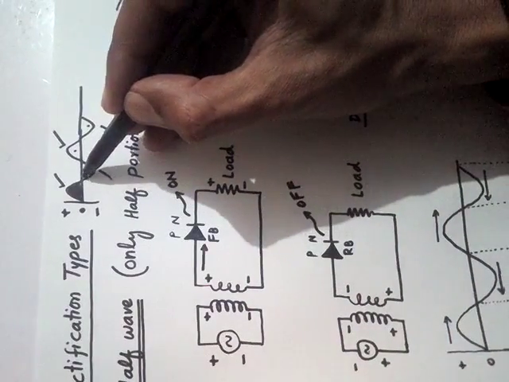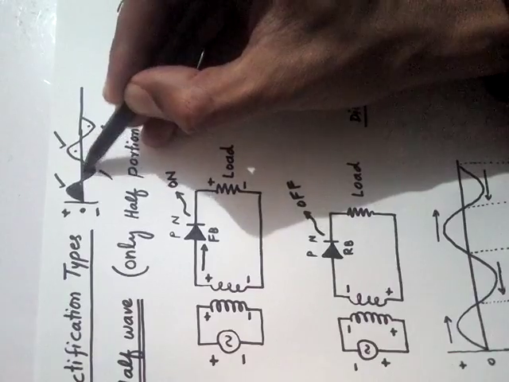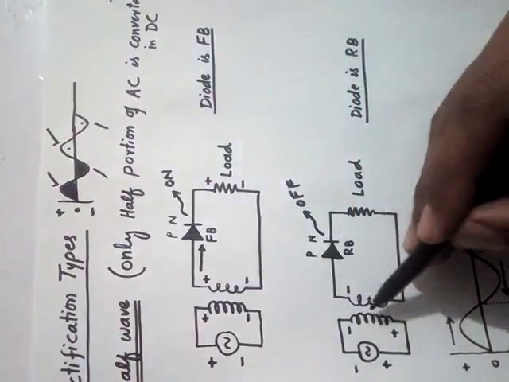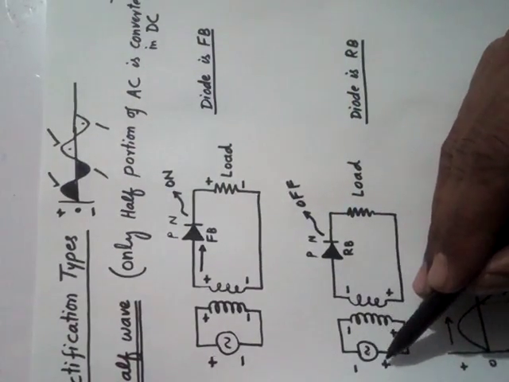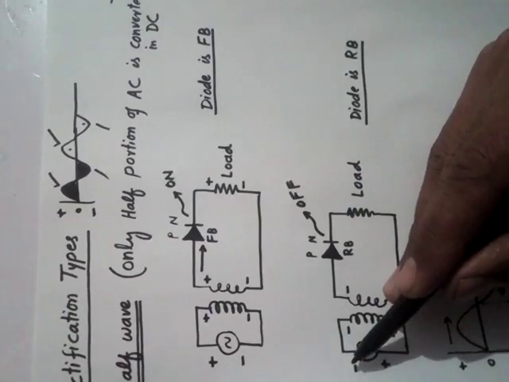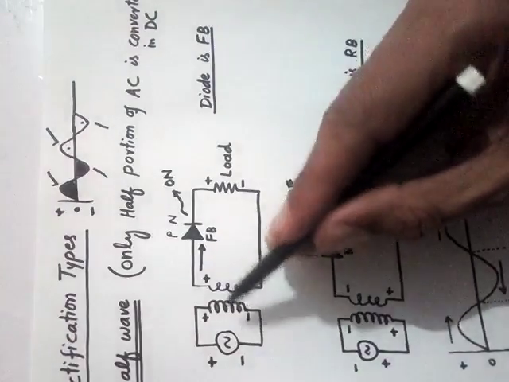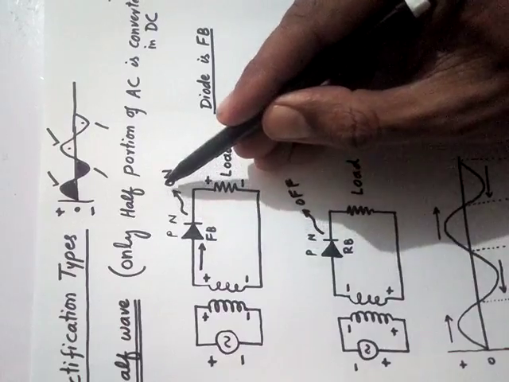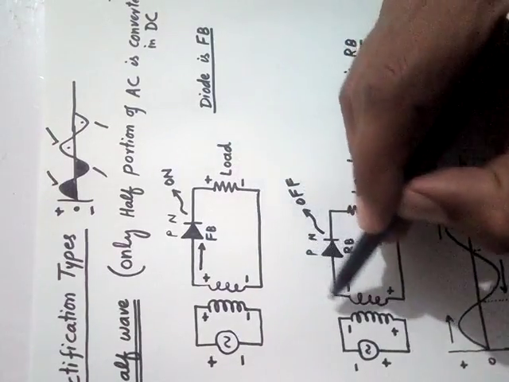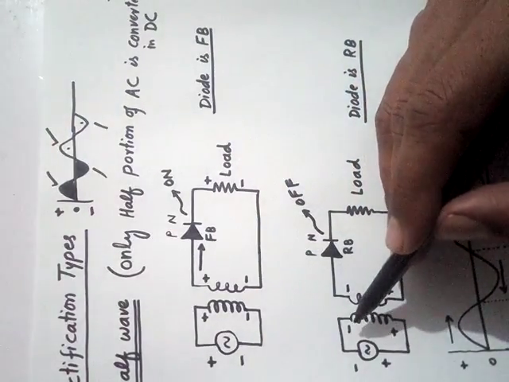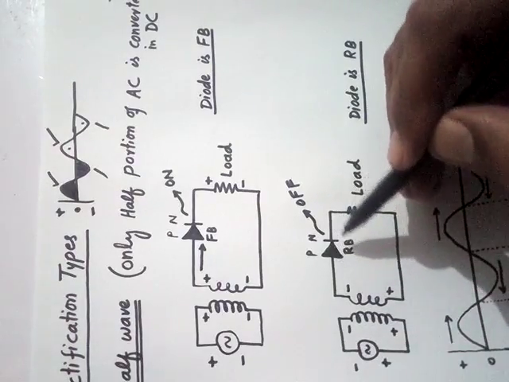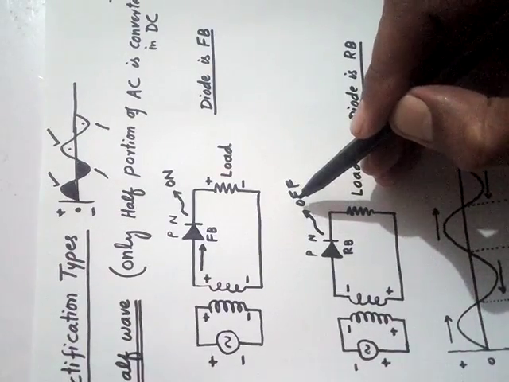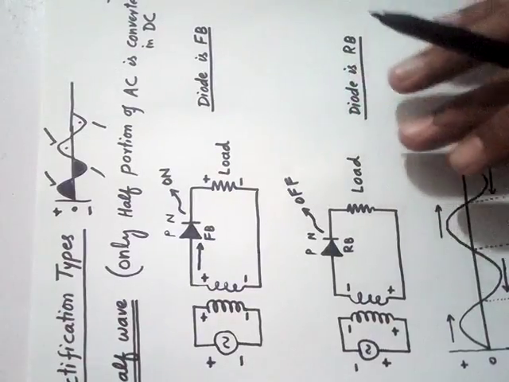When we consider the negative half cycle, this half cycle represents this one. Now the bottom side is positive and the upper side is negative. Due to the change in polarity, once the diode is on the current is passing. For the negative half cycle, this diode is reverse biased or off. No current is passing through.